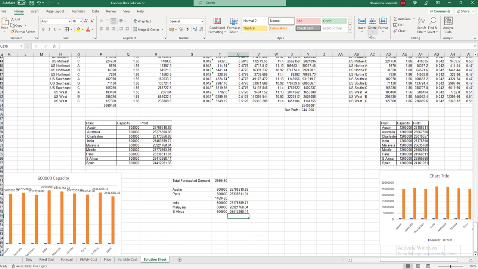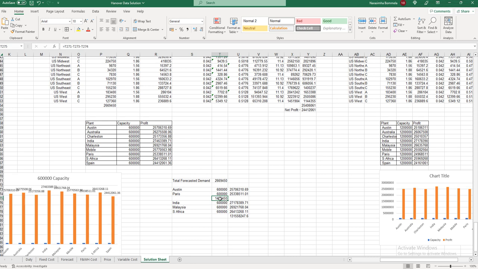So this definitely maximizes the profitability. Okay, so this is the best option that the company can go with.